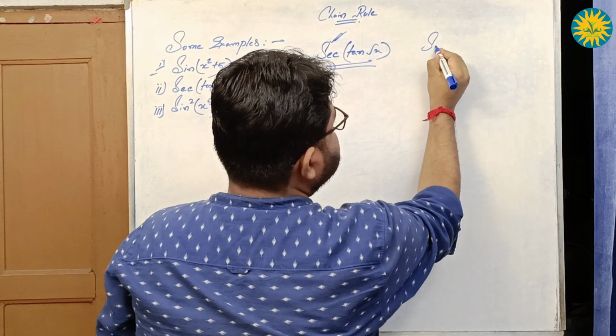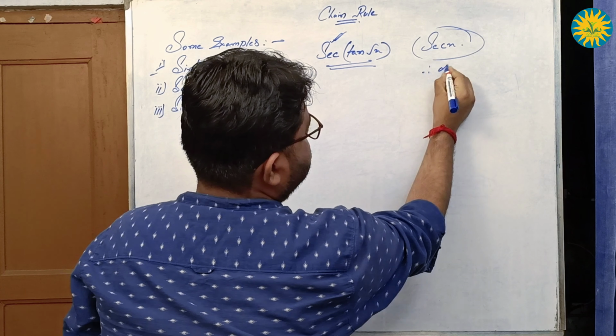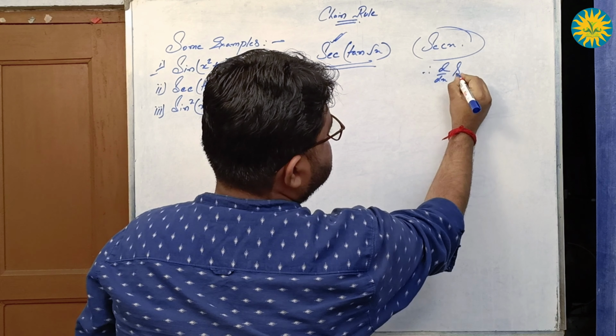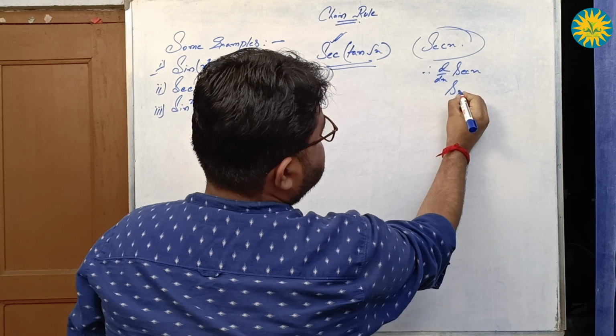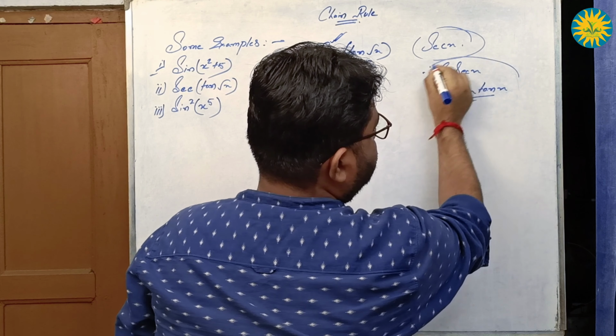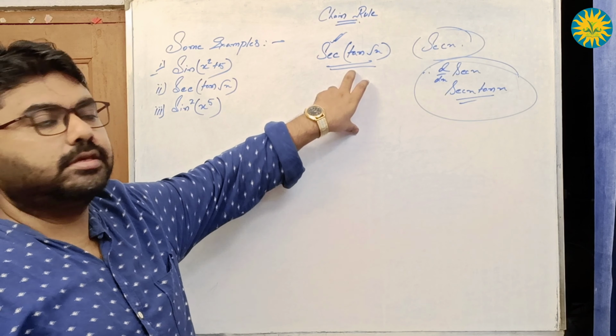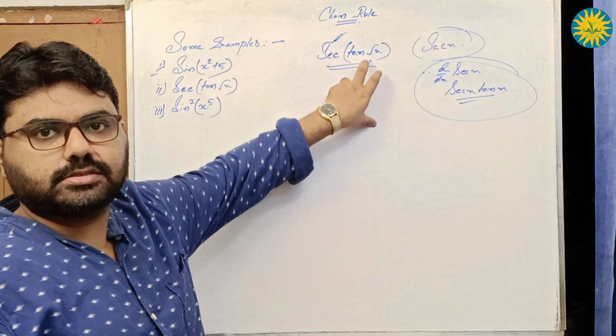If it had been sec x, then d/dx of sec x means sec x tan x. We know the formula, but here it's not x, here it is tan of root x.